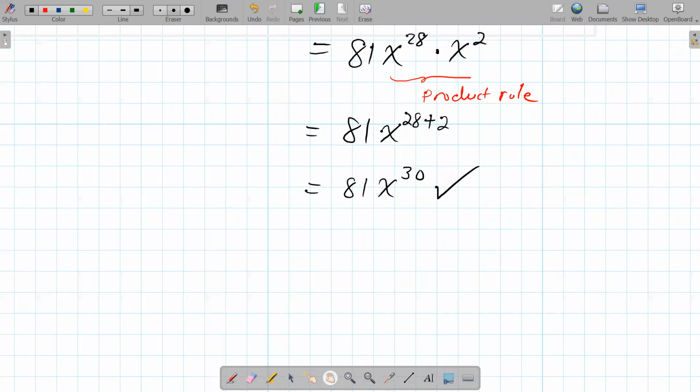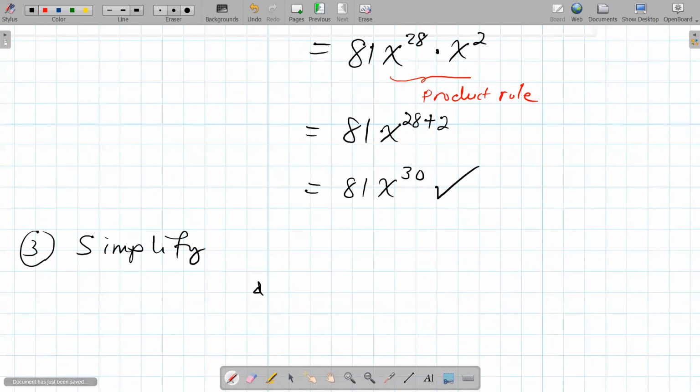Let's do some other ones. So let's say this is 3, simplify. This is a to the negative 3 times b to the positive 5, all raised to negative 3.